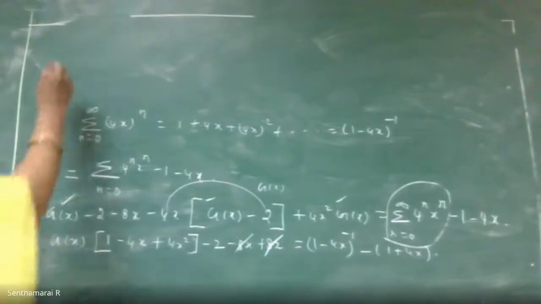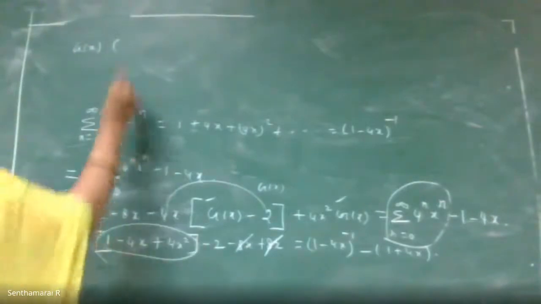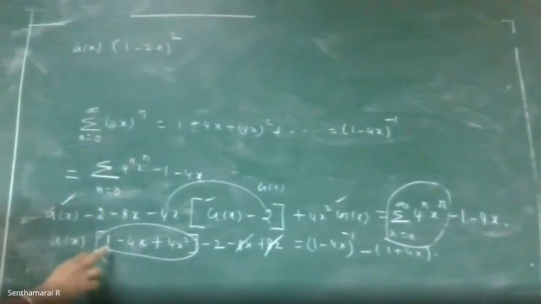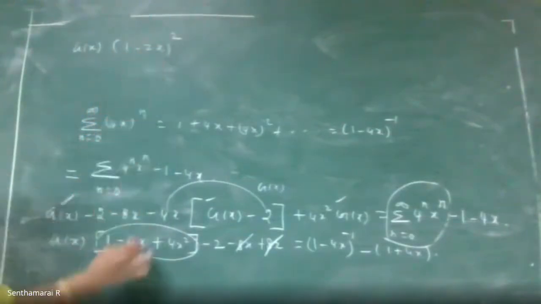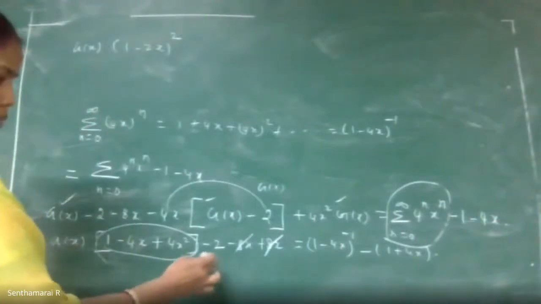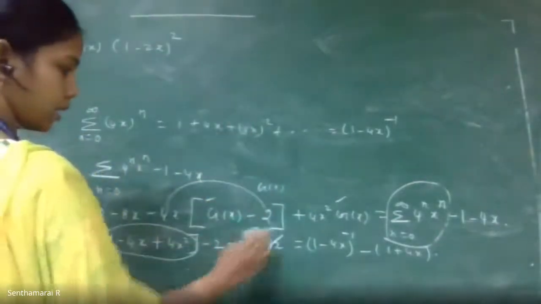G of x, this is nothing but the formula of 1 minus 2x the whole square. When you expand this, 1 plus 1 squared, 1 minus 4x plus 4x squared. Minus 2 this side, I can now bring it that side.